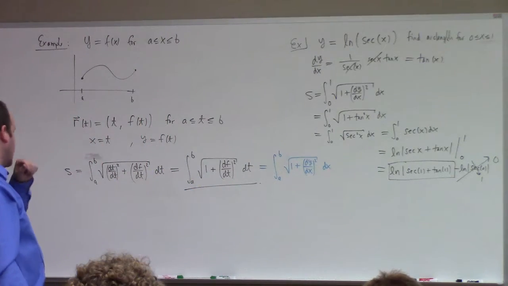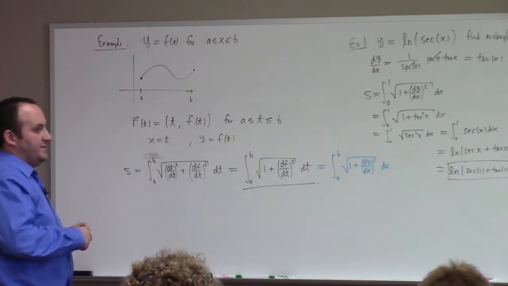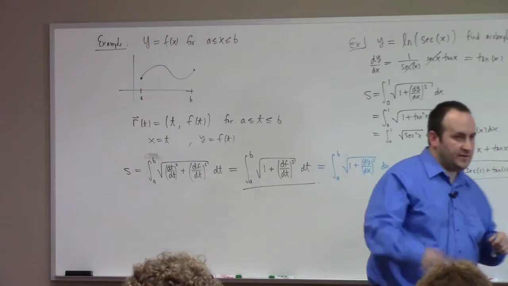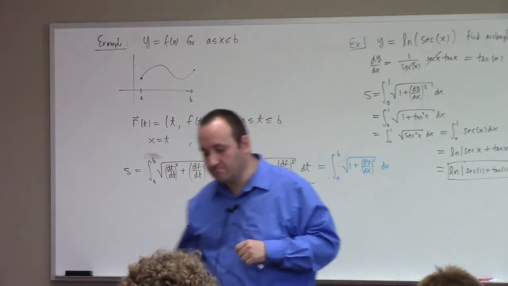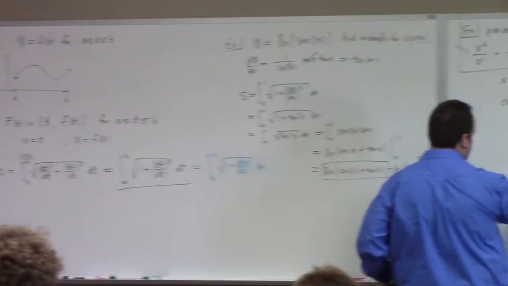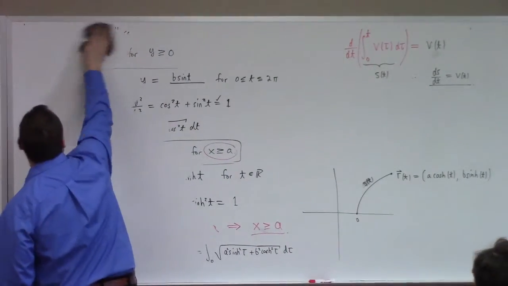All right. What does this look like for a curve which is described in polar coordinates? How do you calculate arc length in polar coordinates? What does that even mean? Let me state the problem precisely.